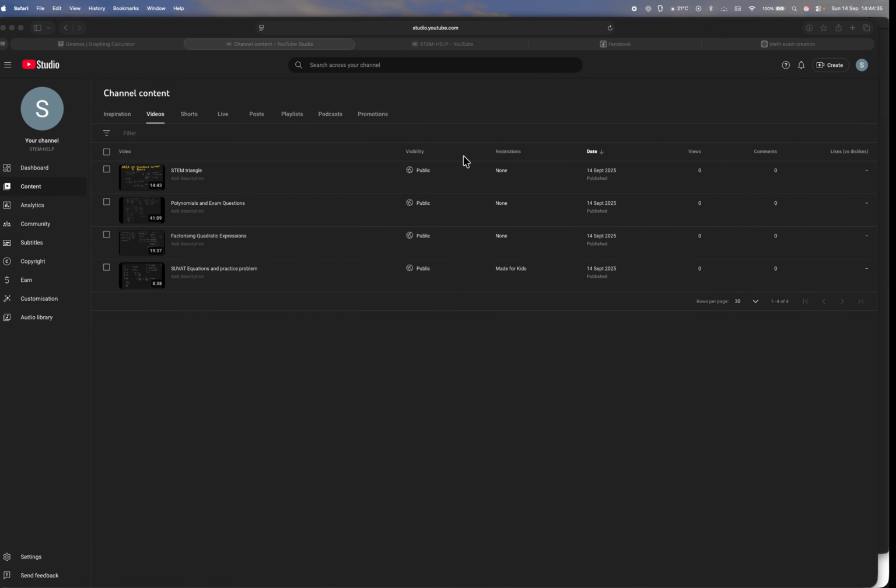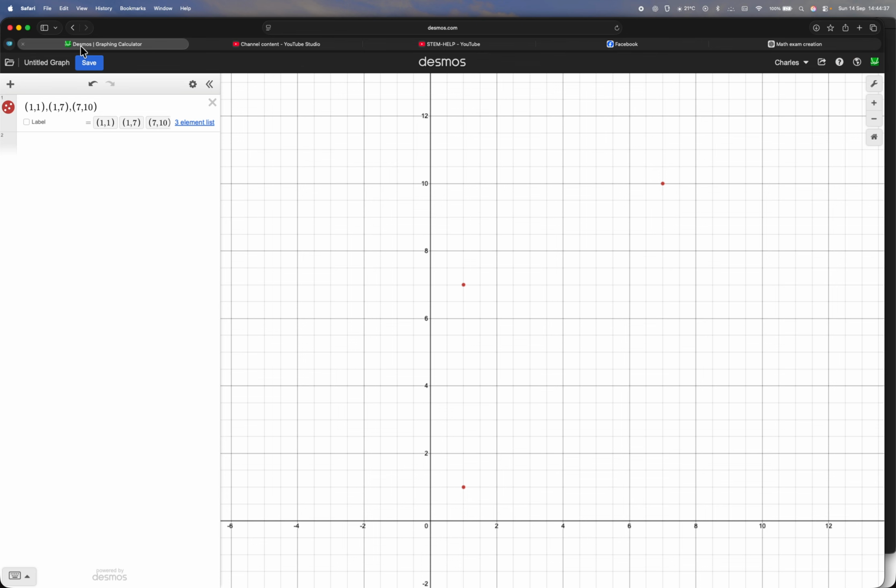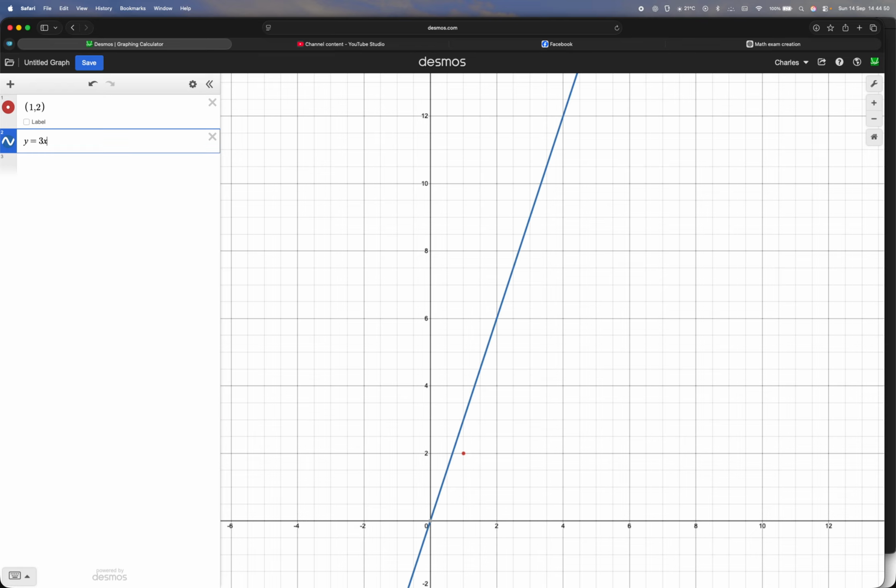Let's try this in Desmos. 1, 2, y is equal to 3x plus 4.